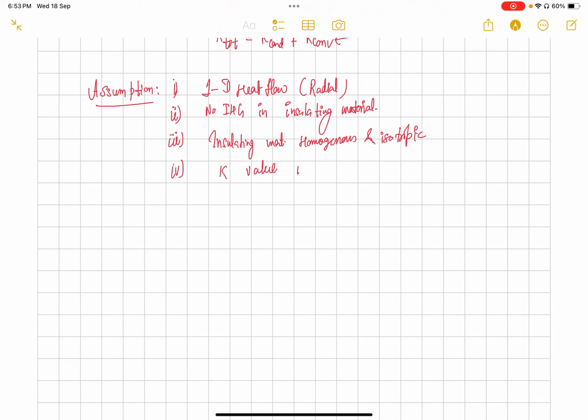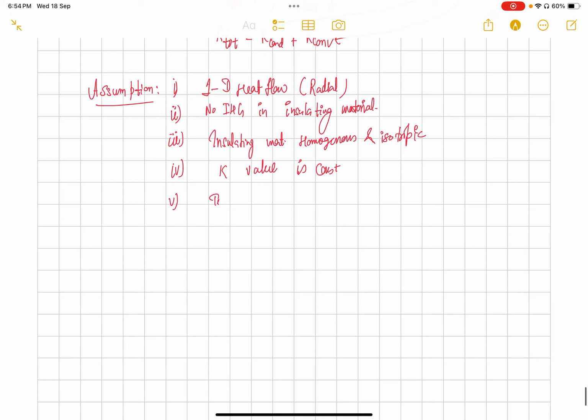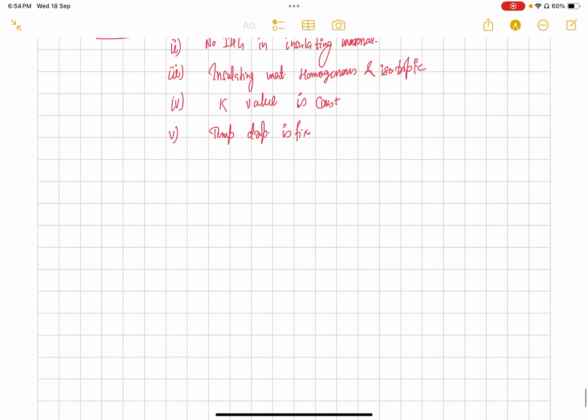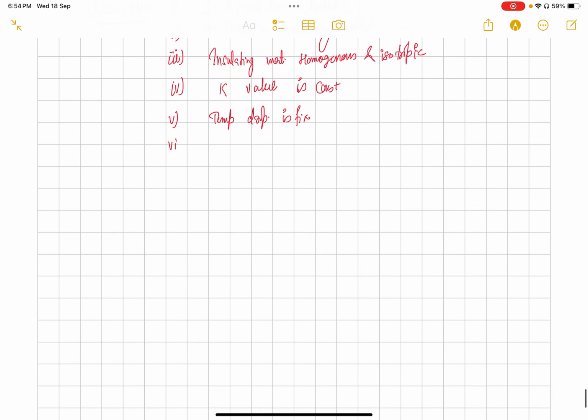Thermal conductivity is constant. Temperature drop is fixed, and the heat transfer value is constant, not varying. Next is radiation heat loss. As I said previously, radiation heat loss is neglected in this section.